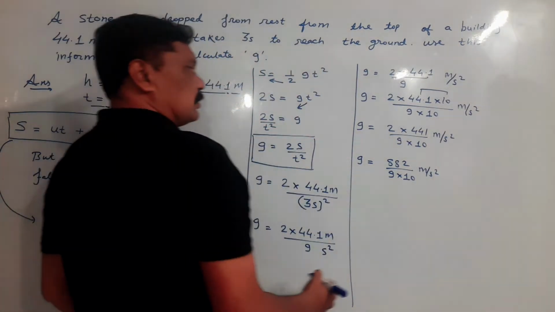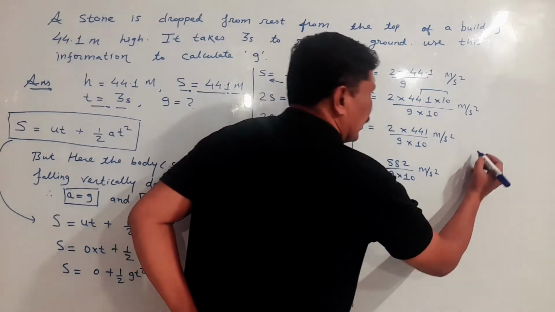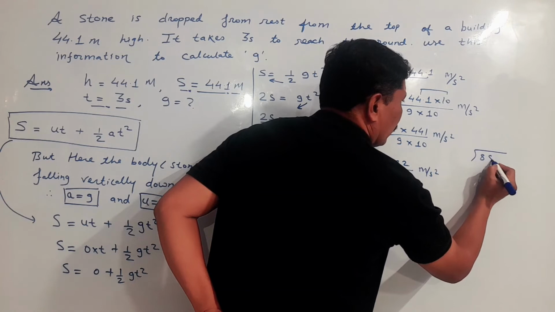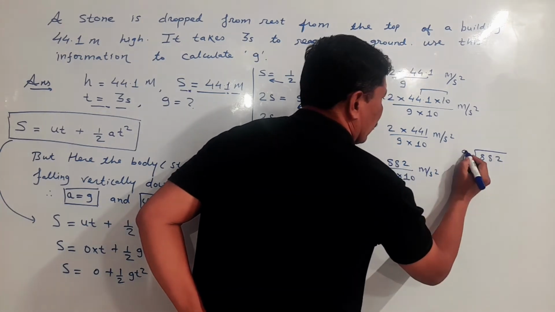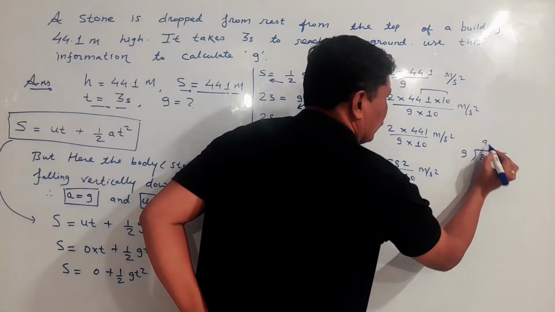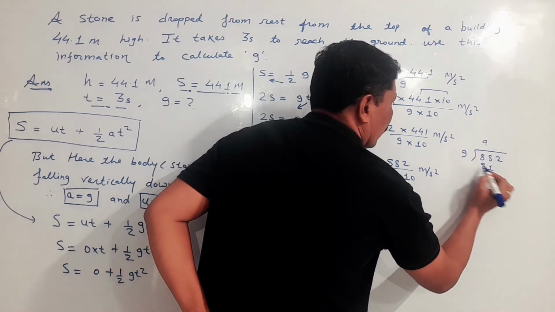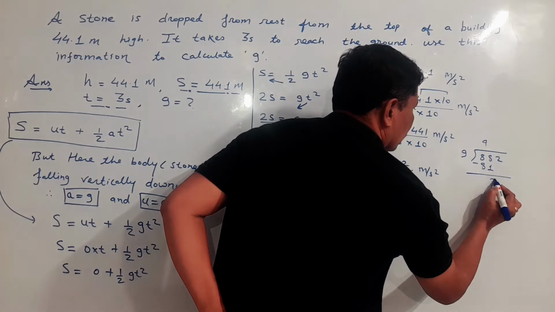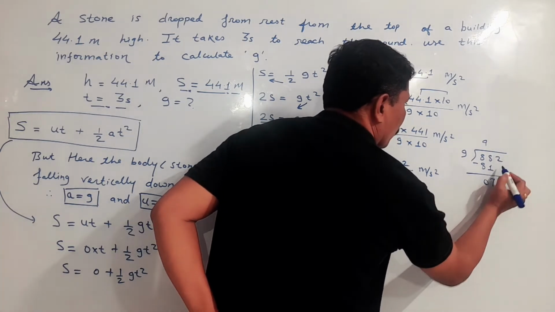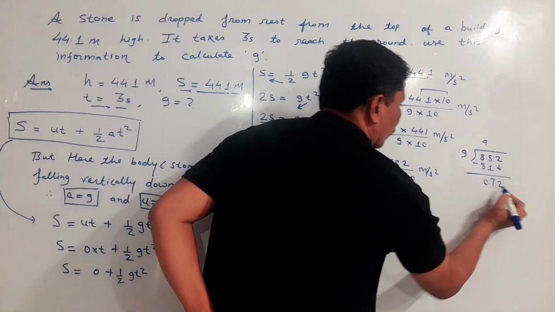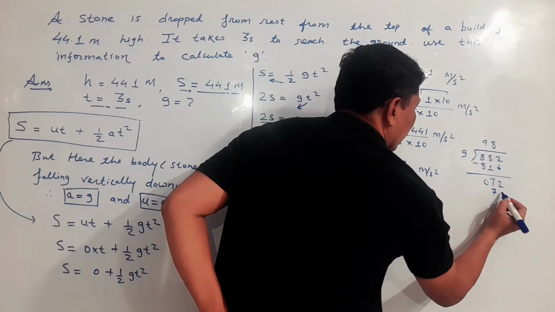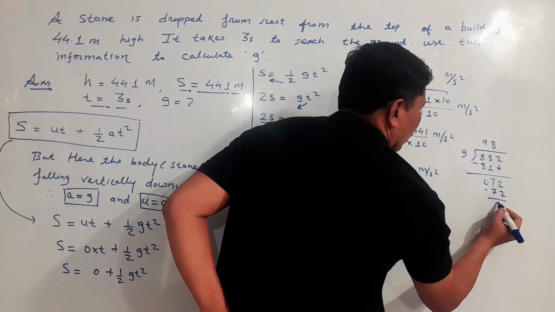Now my dear student, we are going to divide. Let's try to divide. 882 divided by 9. 9 9s are 81, minus, 7 0, 2 will bring down. 9 8s are 72, minus, 0 0.